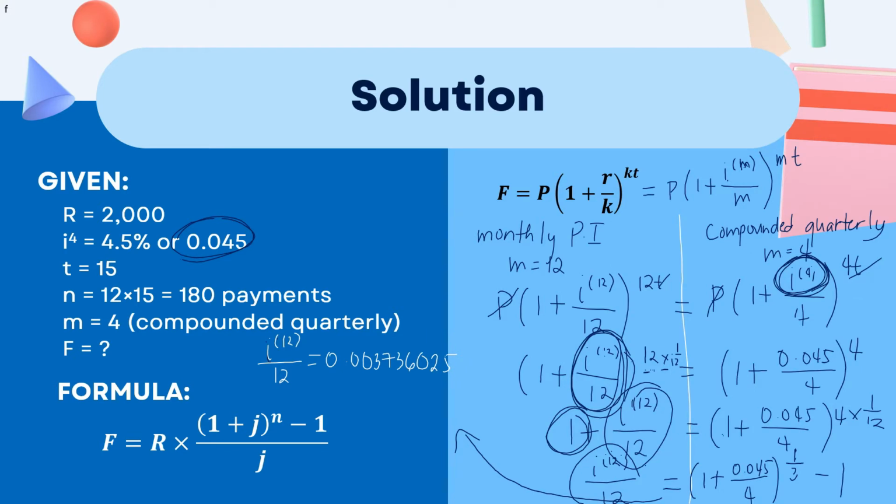Again, hindi nyo na kailangan i-multiply pa sa 1/12 since ito pong buong to is equal to J. Yung buong yan is equal to J in monthly payments. So, ito na po yung J na gagamitin natin to substitute dito sa ating formula. Kailangan muna natin i-compute yan.